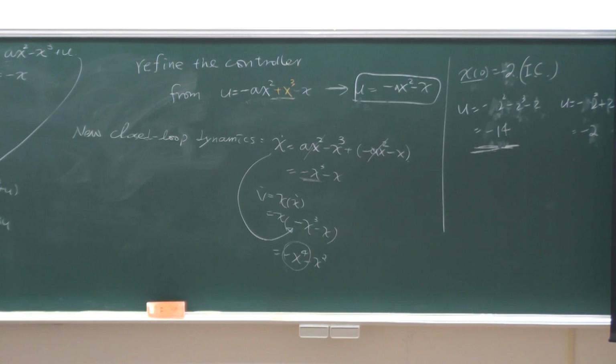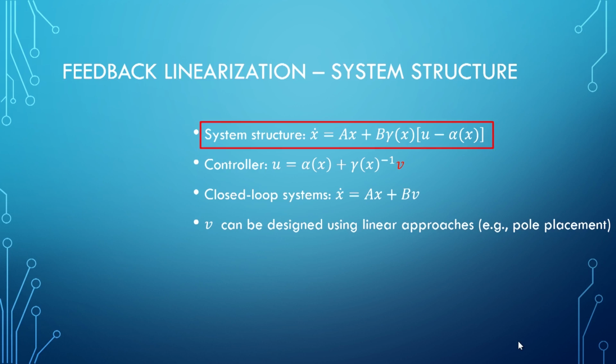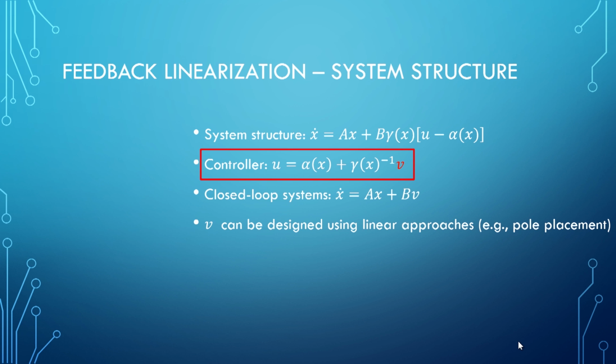So in conclusion, the design procedure is this. Given a system structure, x dot equal to ax plus b gamma x. Gamma could be some nonlinear function. Okay, gamma x could be like x cubed. So the controller design is you design u equal to alpha x. Alpha x in u will cancel this out, and the other term, this one, will multiply with this, which is the inverse of gamma.